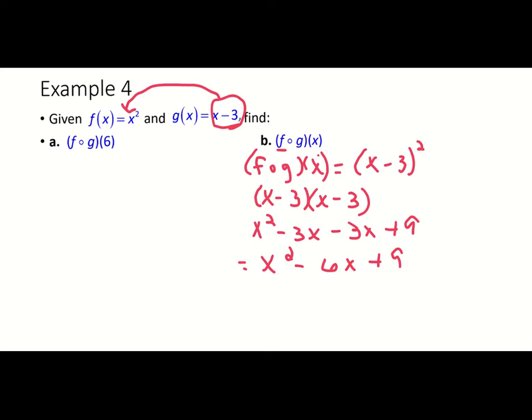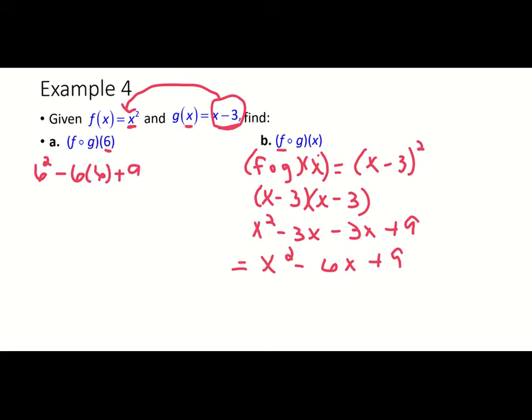Now, I just think it's easier to do it this way. You can do it the other way. You can do f of 6 to figure out what this value is, and g of 6 to figure out this value, and then put them together. Or what I do is, now that I know f composed with g of x, I'm going to plug in my 6. So I'm going to do 6 squared minus 6 times 6 plus 9.